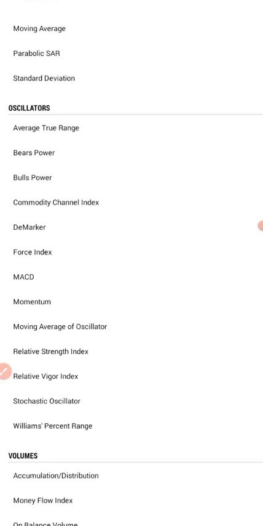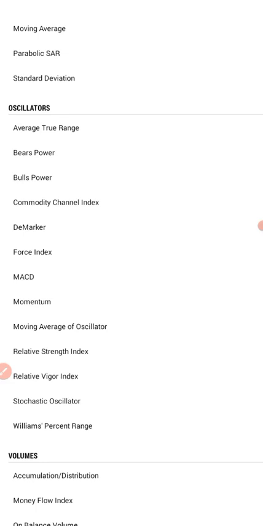These are the oscillators that we have. But I would suggest you learn how to only use the MACD, the commodity channel index, the relative strength index, and the stochastic oscillator. These are the major ones I would love you to learn in the oscillator.